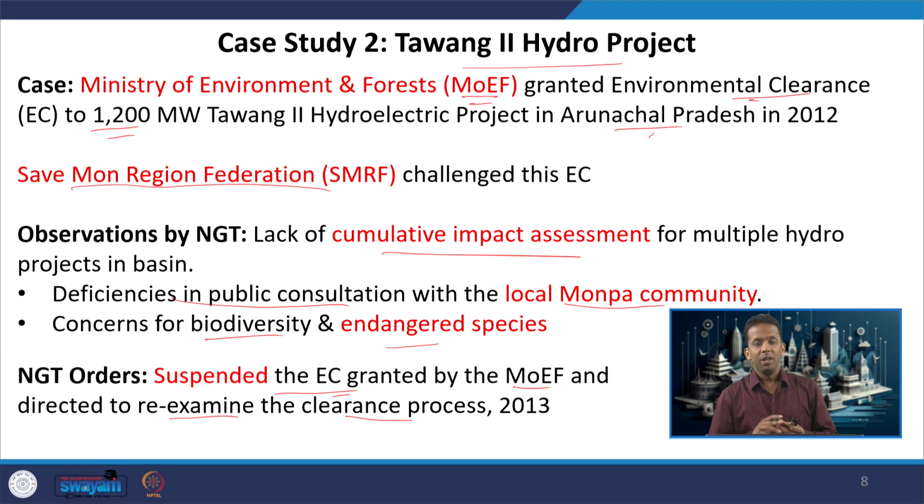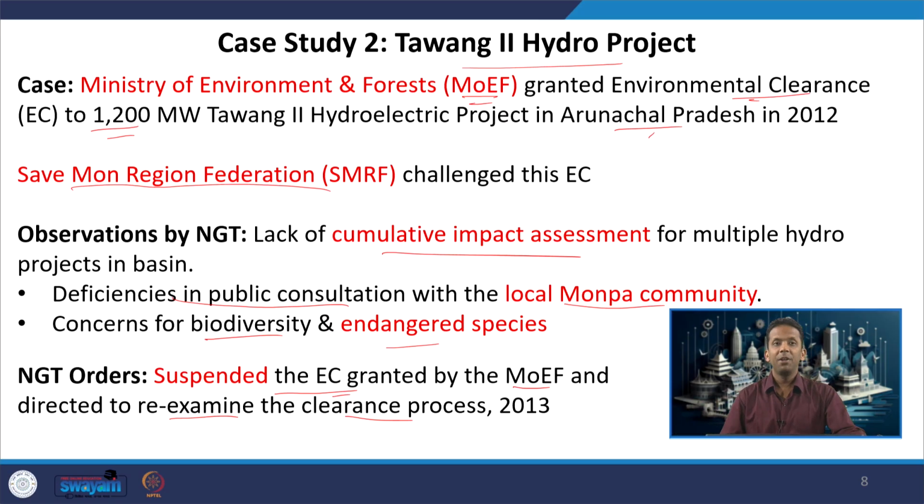So, see, even though MOEF is the apex administrative body when it comes to environment, it is a ministry. If you remember, in the constitution there are 3 branches of government: legislative, executive and judiciary. There is a possibility that some faults or errors may be made by the legislative or executive branches, and in that case there is always a judiciary to come into the matter and resolve it.